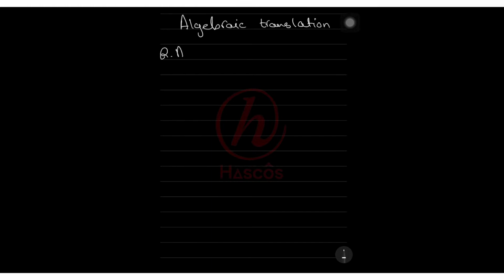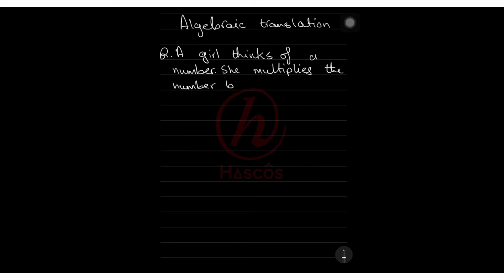The first question says, a girl thinks of a number. She multiplies the number by 3 and then adds 2.